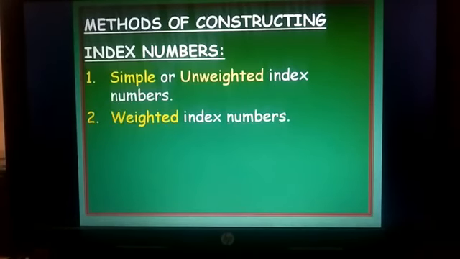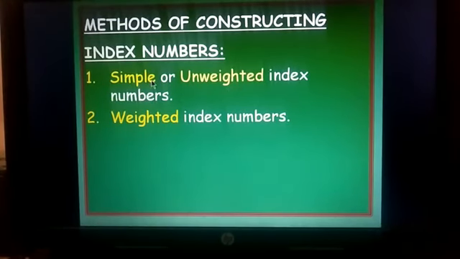Unweighted arithmetic mean was sum of x divided by n. If it is weighted arithmetic mean, what we had done was sum of wx divided by sum of w, I mean sum of weights. I am asking you to recall that concept just to understand the meaning of weighted and unweighted. When it is unweighted, weights are not applicable, and at that time it is called simple.